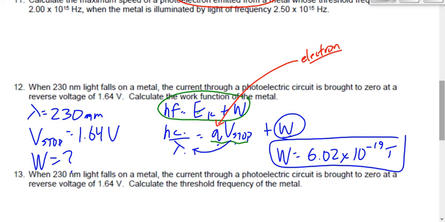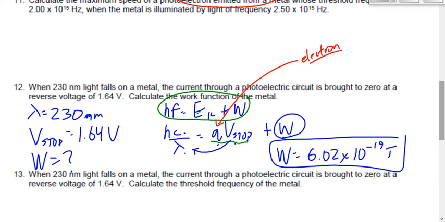So remember, eV, electron volts, is energy. You could get energy in electron volts or work function in electron volts, but V, potential difference, will always just be volts. You don't have to worry about electron volts or joules there because it's always going to be volts. Question there, guys?